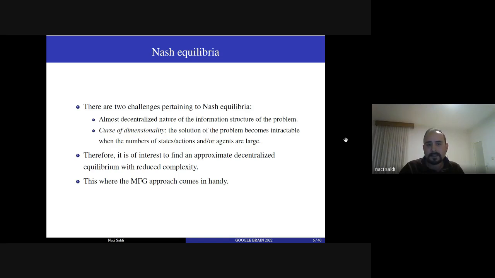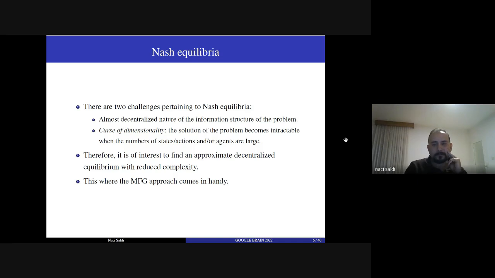The second challenge is the curse of dimensionality. The solution of the problem becomes intractable when the number of agents, states or actions is large. Therefore it is of interest to find an approximate decentralized equilibrium with reduced complexity, and this is where the mean field game approach comes in handy.